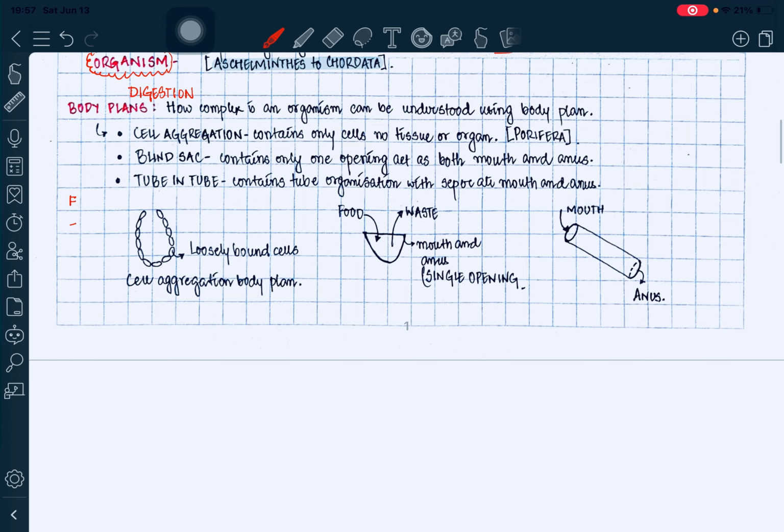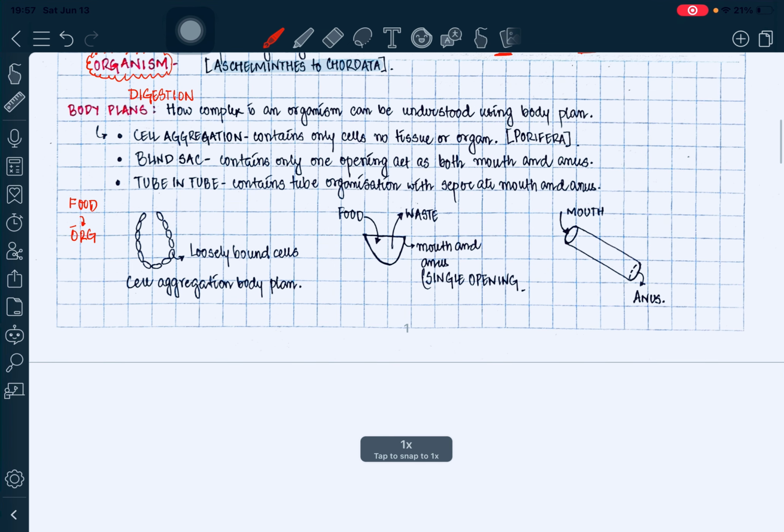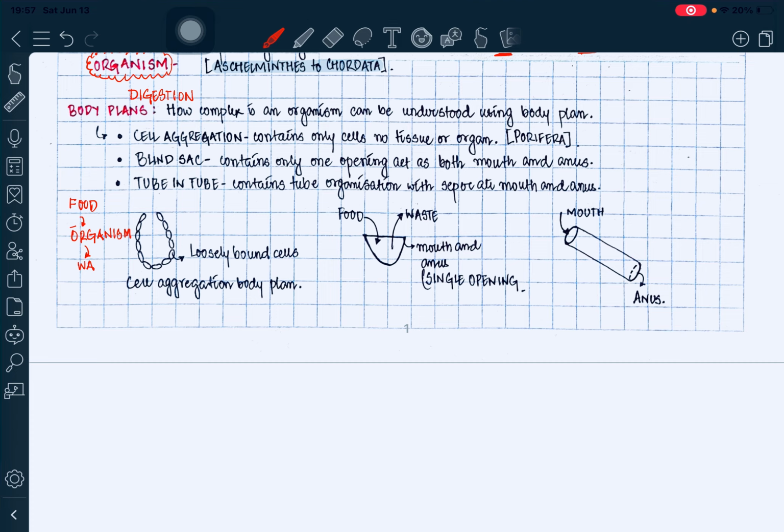The food is taken up by an organism and the unwanted, unused food is released in the form of waste.